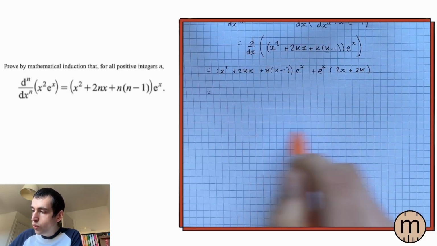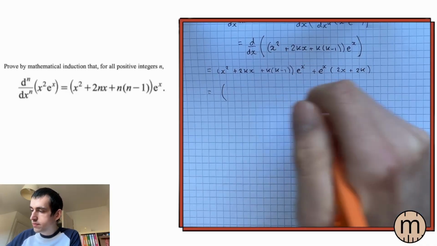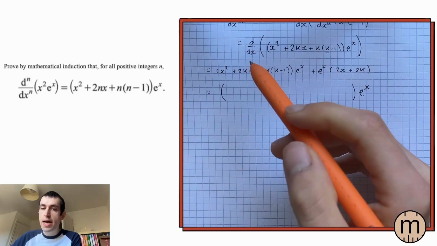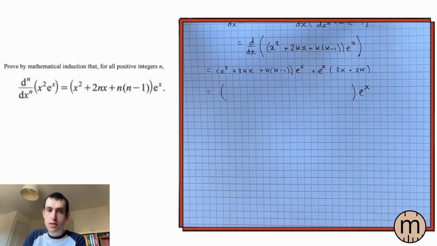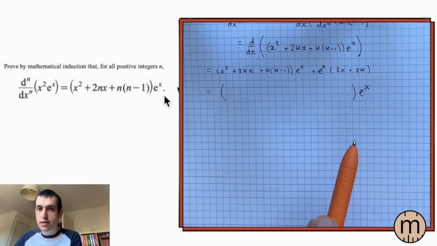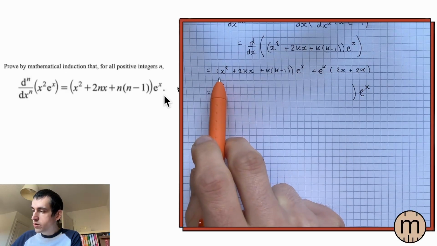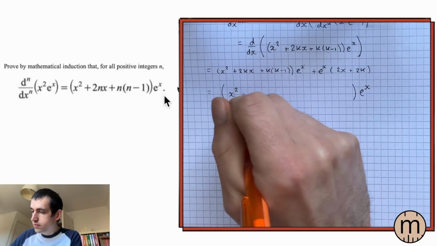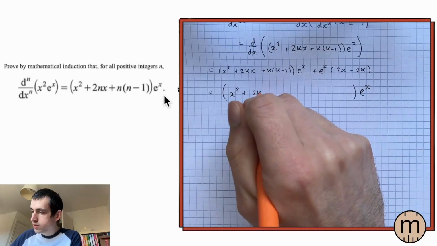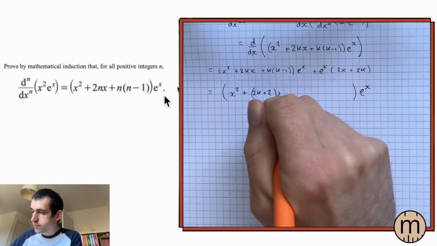I'm going to put this all in one big bracket with e to the x at the end. Because if I want to compare to the original, if I want to compare to what we've got written over here, the e to the x is at the end, so it's going to be much easier to compare if we put e to the x at the end. So what we're going to get, we've got x squared, we've got 2k, and we've got 2 x's.